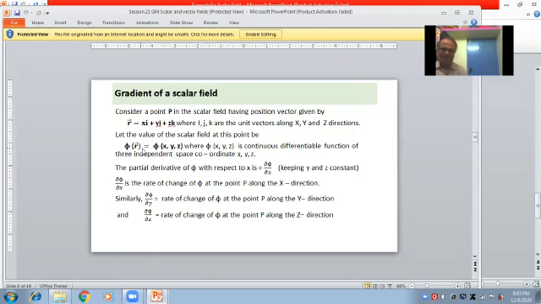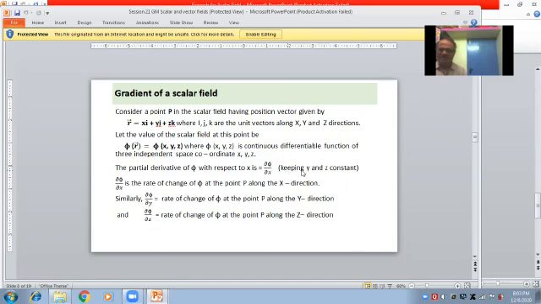Then we can partially differentiate this function. Because there are three variables, we partially differentiate this function with respect to x, with respect to y, and with respect to z. So we get three partial derivatives: dou phi by dou x, dou phi by dou y, dou phi by dou z.